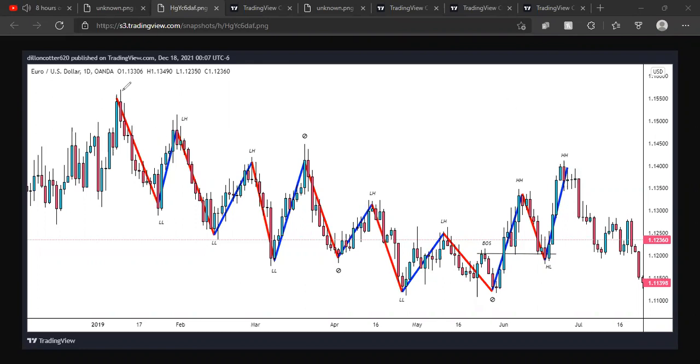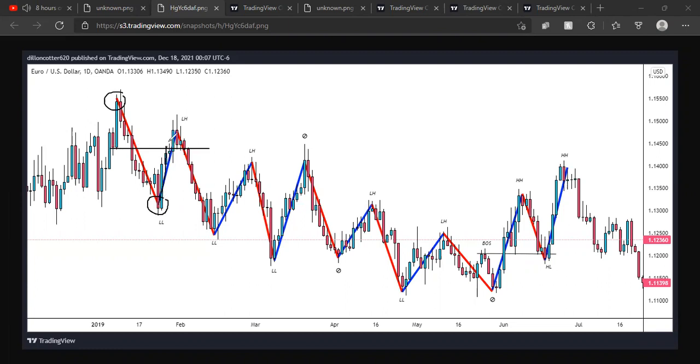If we look right here from the start of this high to this low, we have an expansion to the downside, which is the red line. Now, we see where the last bit of buying was before this expansion to the downside. It was right around this area here.